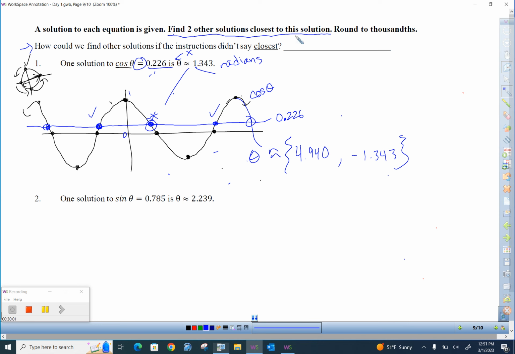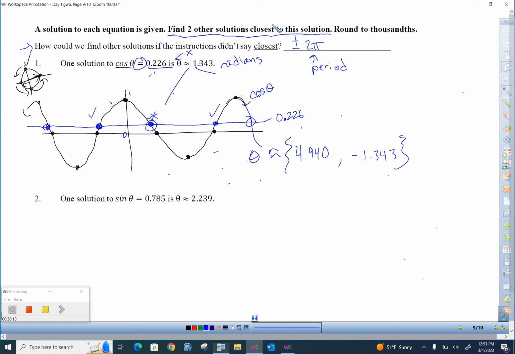So I can always add or subtract the period for the function to get more solutions if I don't ask for them closest. For sine and cosine, just add 2 pi. For tangent, we would want to add pi instead. But these ones I will ask you for the closest. That's how it'll look on your homework.